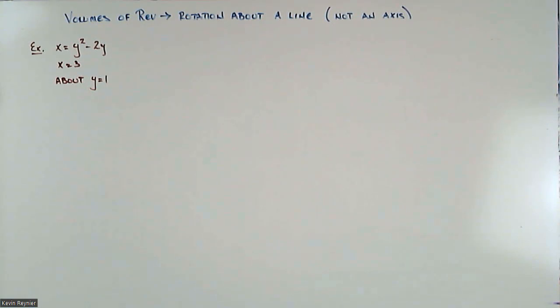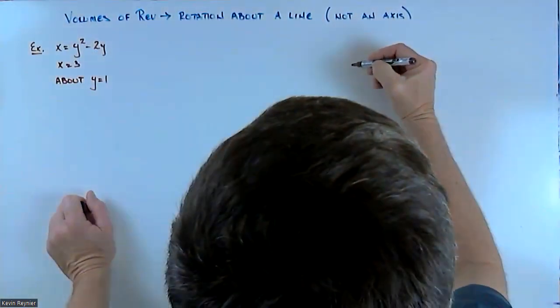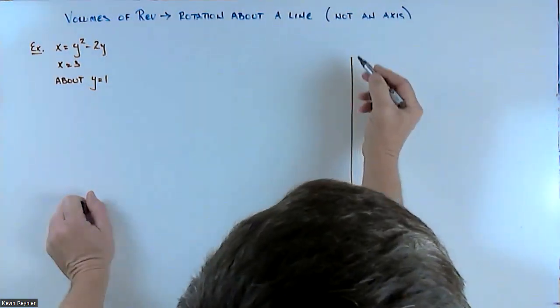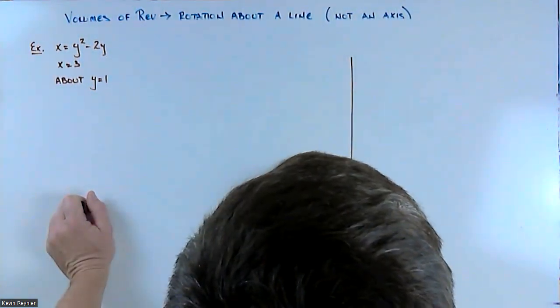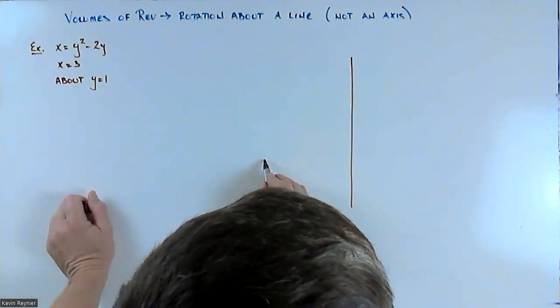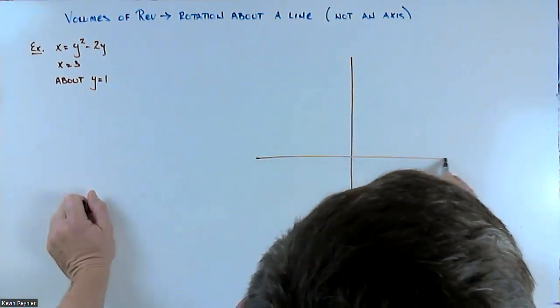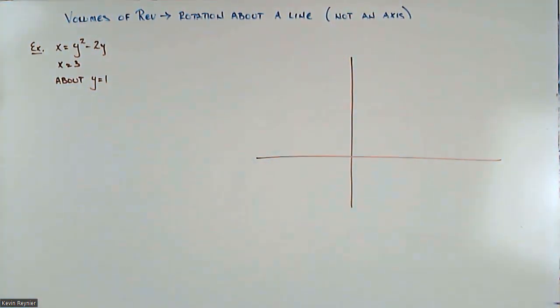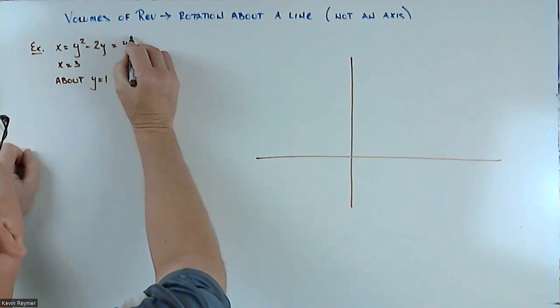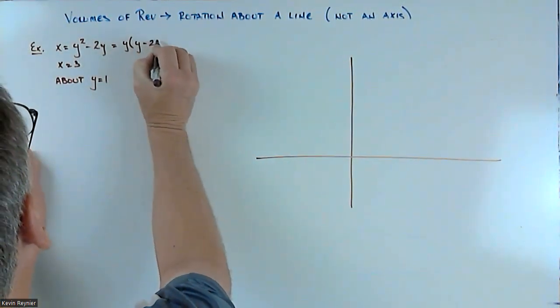Okay, so now we're going to make our drawing. Y equals 1 is above the x-axis, so we're going to have to leave some room up there, right? So here we are. Now, this is, of course, y times y minus 2.